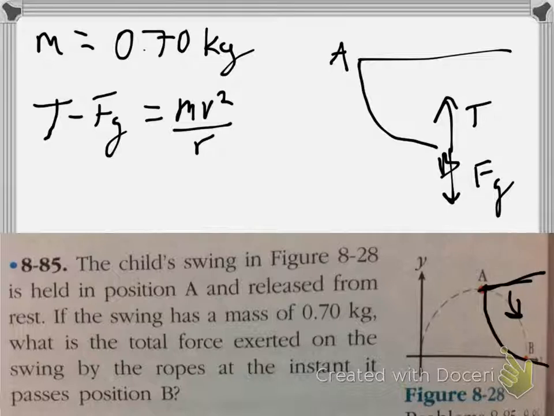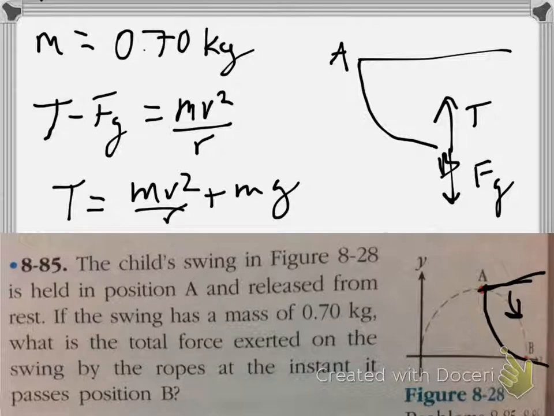Did they give us a radius? The best we can do at this point is just say the tension is going to be equal to mv squared over r plus mg.